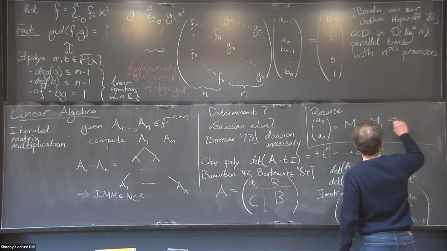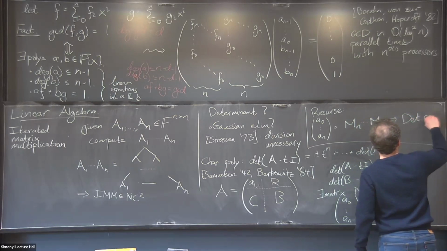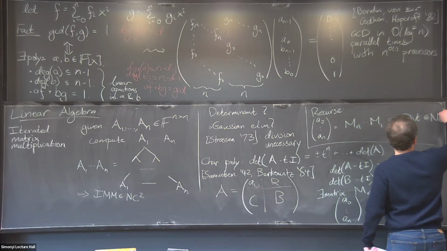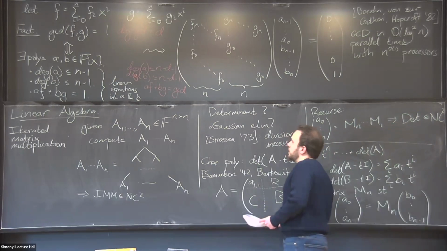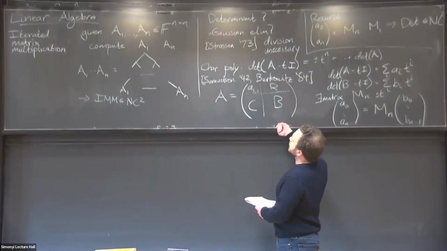So this tells us that we can also compute the determinant in the same class NC2, log squared depth polynomial size. Okay, so that's great. We're seeing more and more.